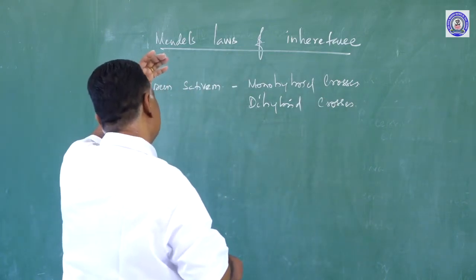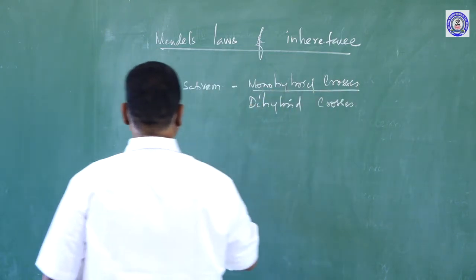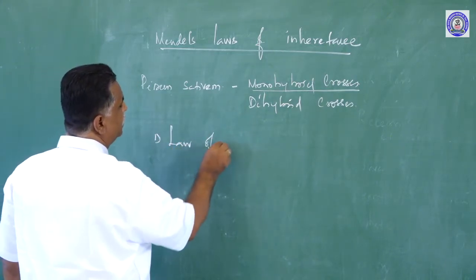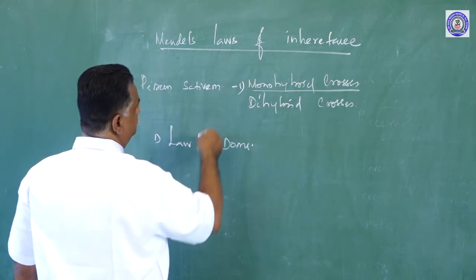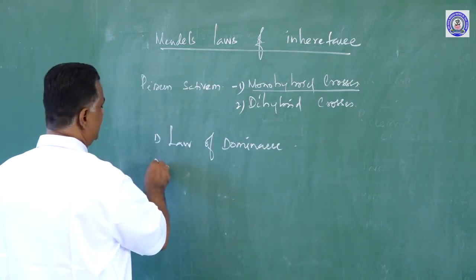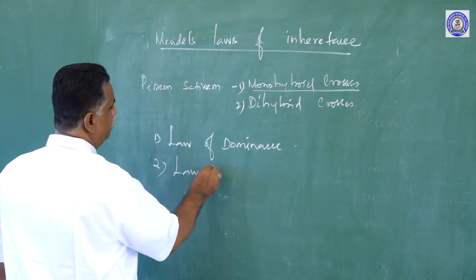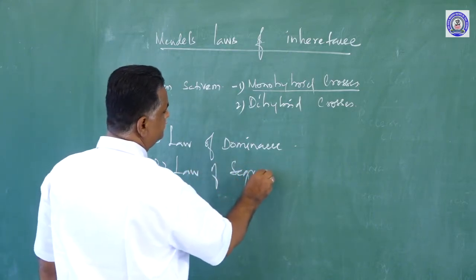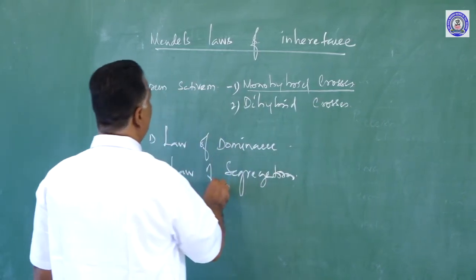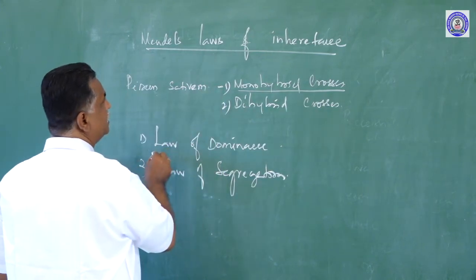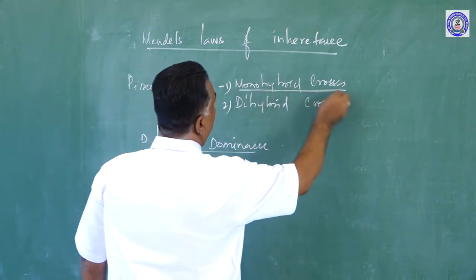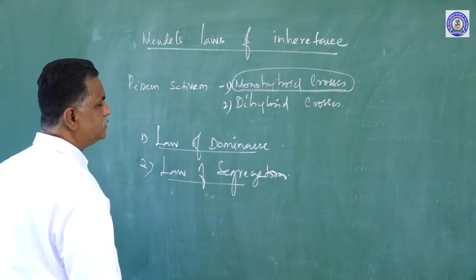Based on this experiment in monohybrid crosses, he formulated two rules. One is law of dominance, and second is law of segregation. These two principles, laws of inheritance or laws of Mendel, are based on his experiment on the monohybrid crosses in Pisum sativum.